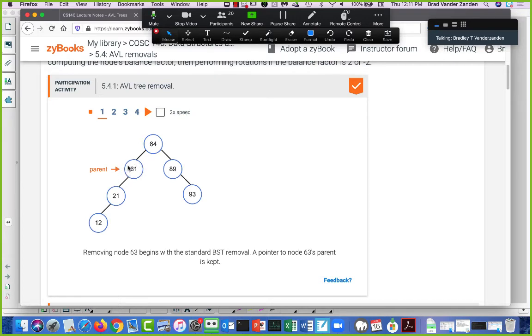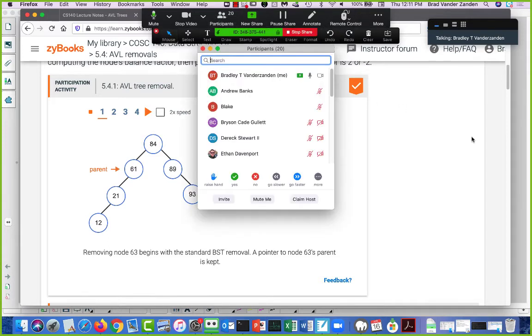And hopefully looking at it, in fact, let's ask someone. So if we're at the parent here, what kind of case are we looking at? In fact, let's take a vote right now. What I want you to do is vote.